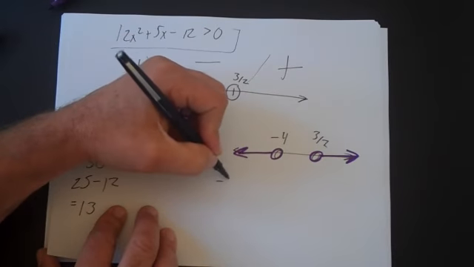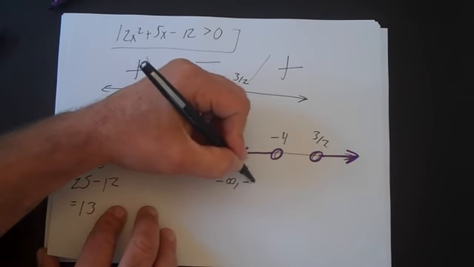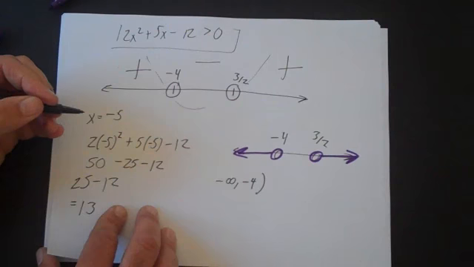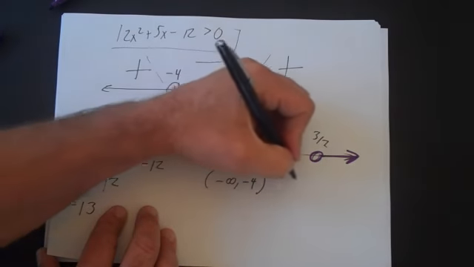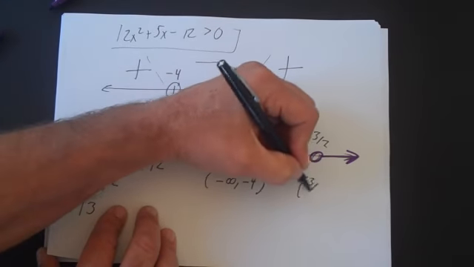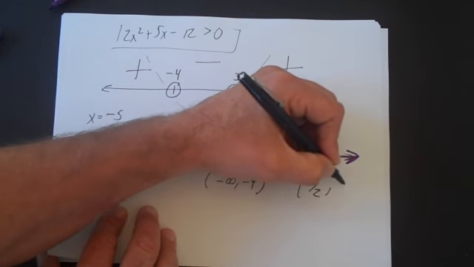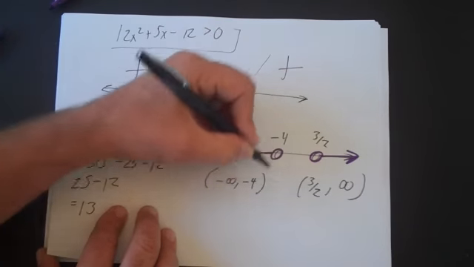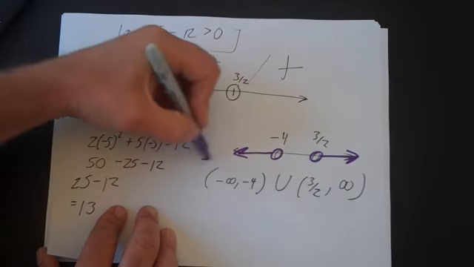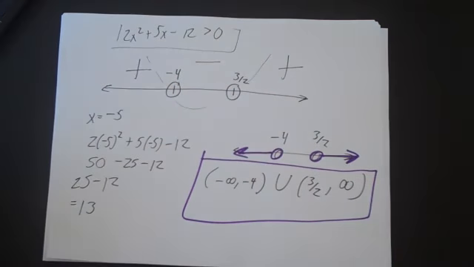That's from minus infinity to minus 4, but it's not going to include minus 4. And it's going to go from 3/2, but not include 3/2, to positive infinity. And it's both of those. So there's your final answer right there. So that's how you do quadratic inequalities. There are some trick problems, but there's another video that has more quadratic inequalities and another video that covers quadratic inequalities with tricks.